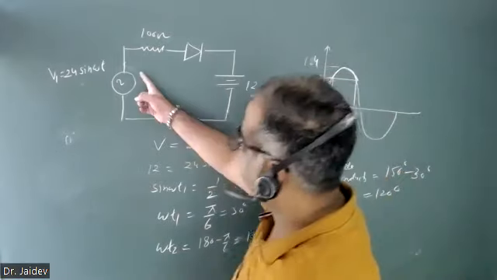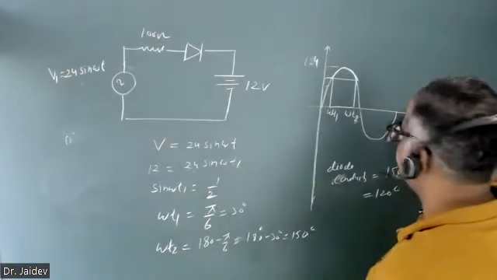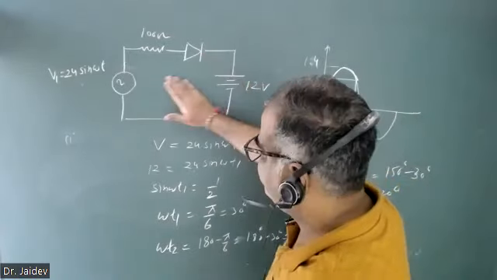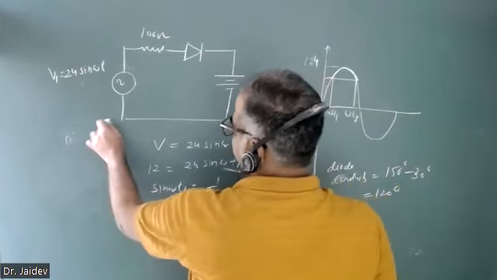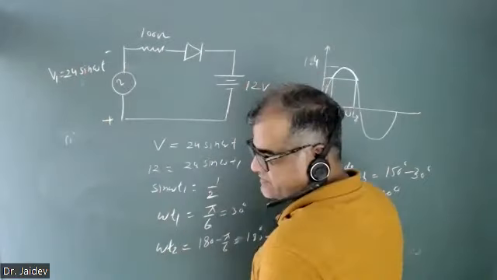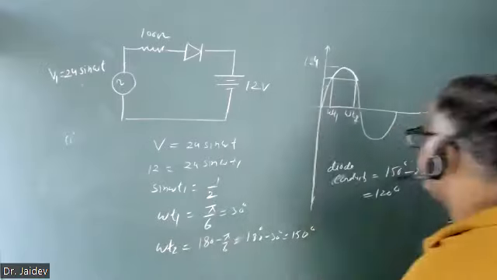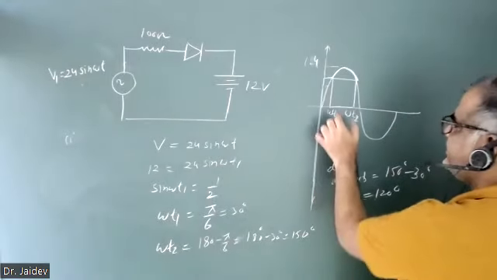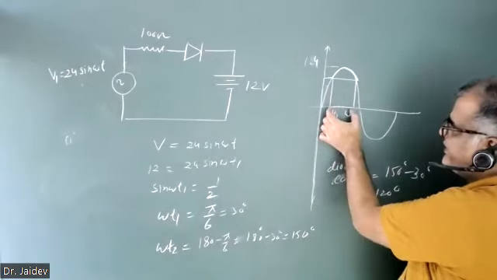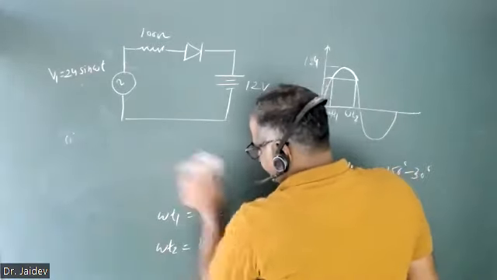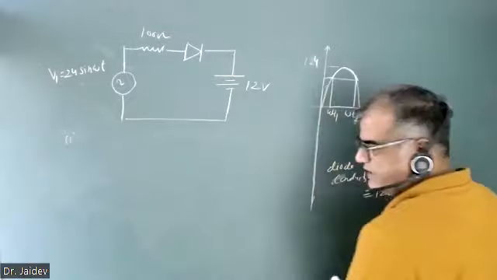Obviously, the battery is already making the diode reverse bias. Further, if you add the negative cycle, that will also make the diode reverse bias. So in the negative cycle the diode is not conducting, and in the positive cycle also it conducts only for some time period. The question asked was what fraction of the cycle it will conduct.